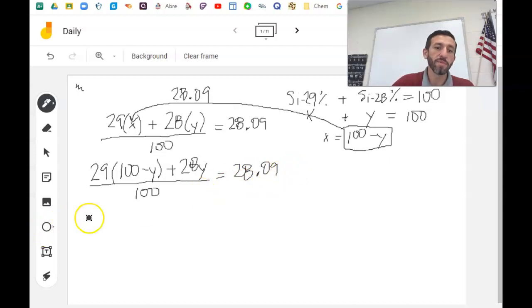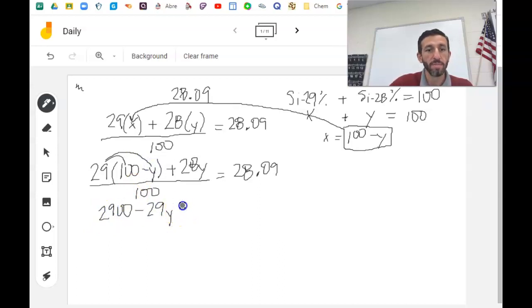I've got to multiply both sides by 100, and then I'm also going to distribute this over here. So I'm going to get 2900 minus 29y plus 28y is going to equal 2809, because I multiplied both sides by 100 to get rid of that 100 on the bottom.